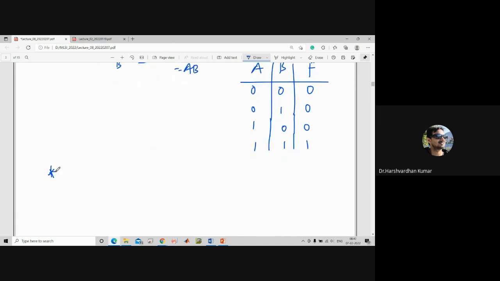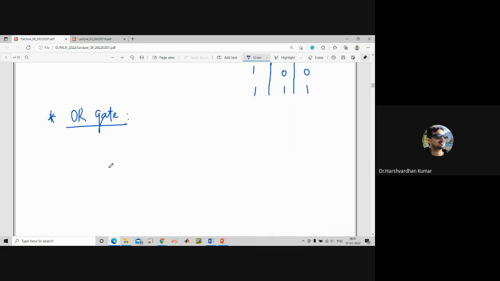Now we will talk about the OR gate. How many inputs are required? This is the symbol, A and B, and F is equal to, what will be the expression for the OR gate?